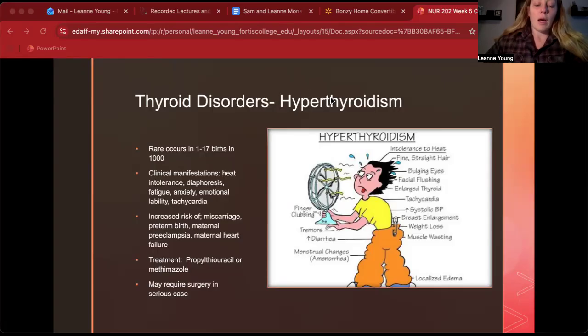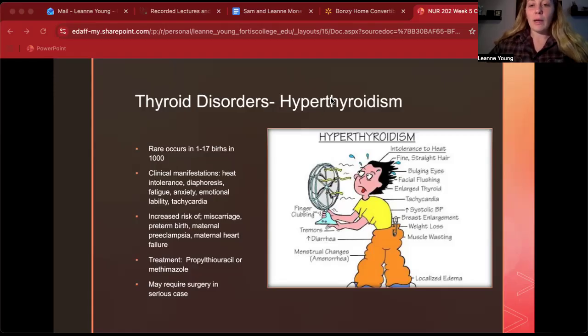Patients who have pre-existing hyperthyroidism are at an increased risk of miscarriage, preterm birth, maternal preeclampsia, and maternal heart failure. So we need to monitor these patients very closely. Treatment for hyperthyroidism is typically, I can't even say this word, propylthiouracil or methimazole. Like I said, I can't pronounce those correctly, so just double check the pronunciation on those.